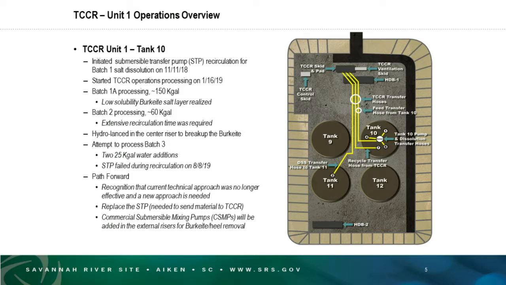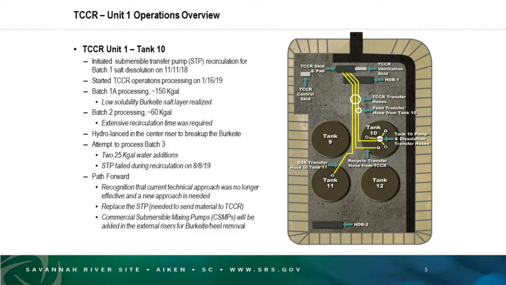And then we feed up north to the ticker unit, which is right up here, and then we drop down our DSS to tank 11 right here. I'll also point out the vicinity of tank 9, which is our next tank. Jeff's going to talk about that in just a minute. Also, on tank 10 here, there are no mixer pumps.